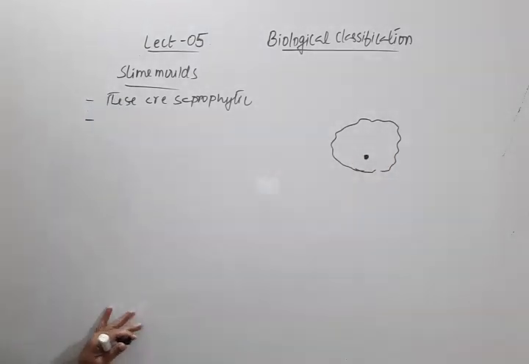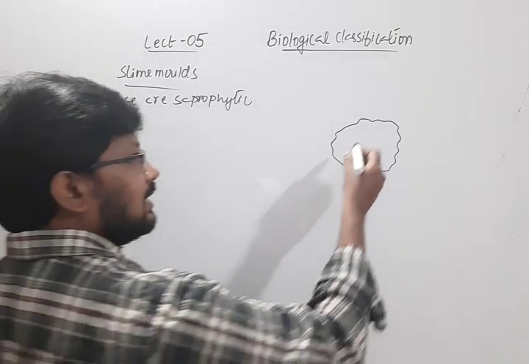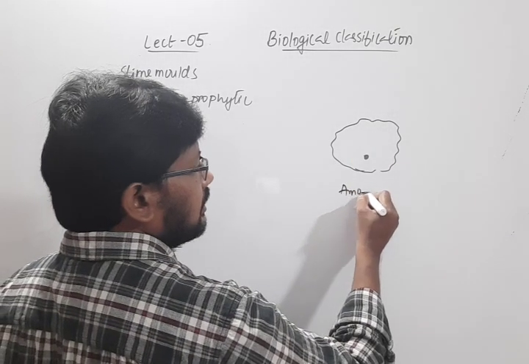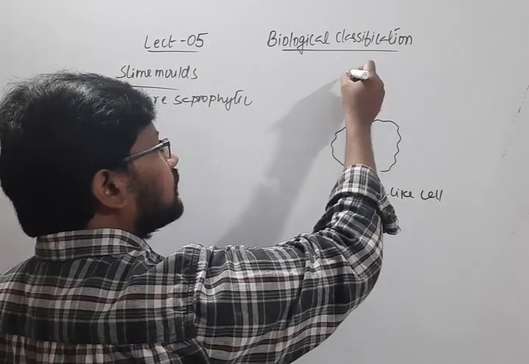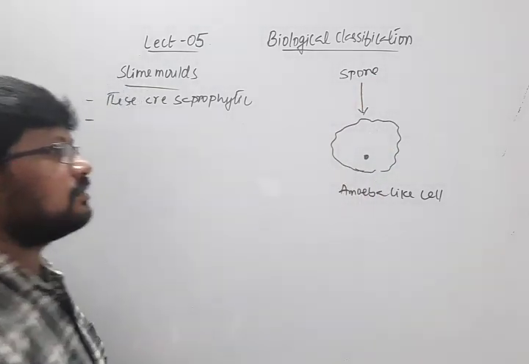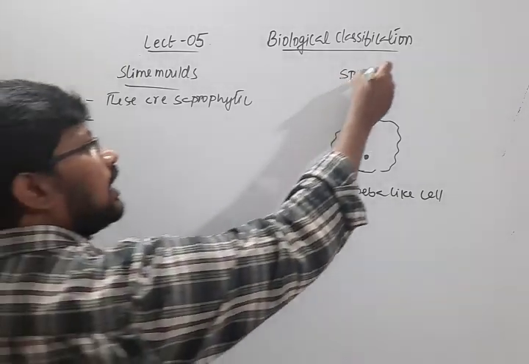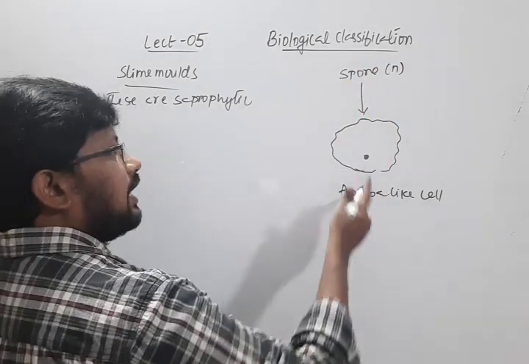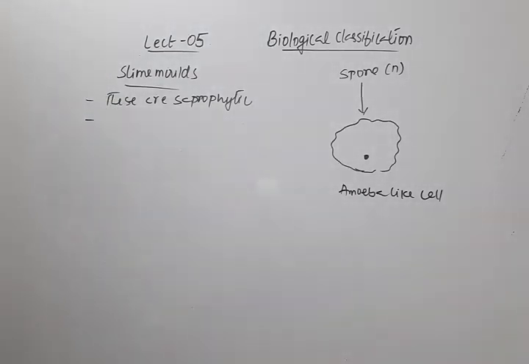Usually the spores which are released during reproduction germinate and give rise to an amoeba like cell. These spores are actually haploid, and they germinate and give rise to this amoeba like cell.